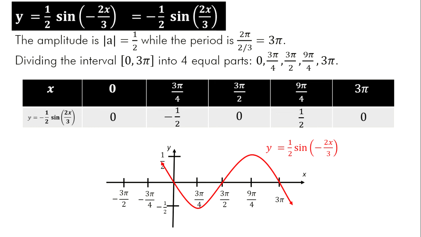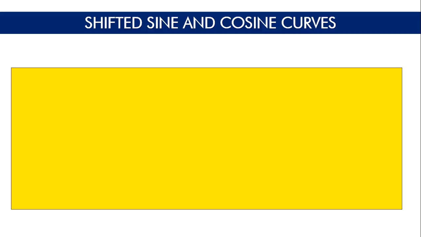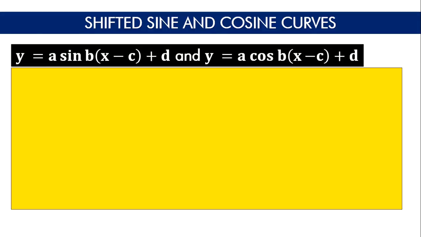Now, after we discuss the amplitude and period, we're going to learn about the shifting of the graph horizontally and vertically. Okay, so let's say we shift the sine and the cosine function with its general form y = a sin(b(x - c)) + d.